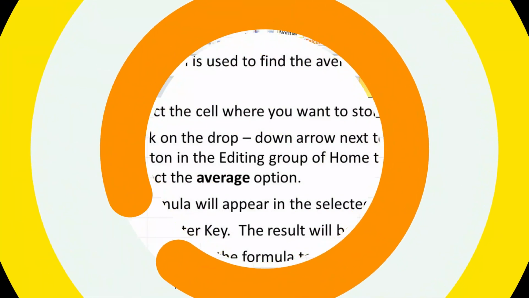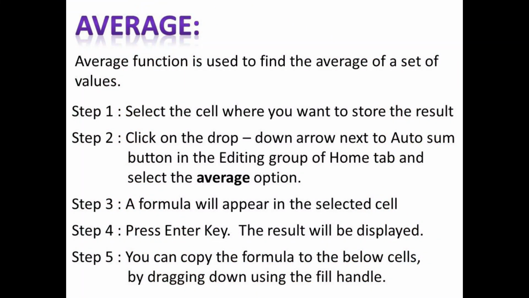Next function is average function. This average function is used to find the average of a set of values. In order to use the function average, you have to follow the same procedure which you have followed for using the sum function. Let us see once again. Step 1, select the cell where you want to store the result, and step 2, click on the drop down arrow next to auto sum button in the editing group of home tab and select the average option.